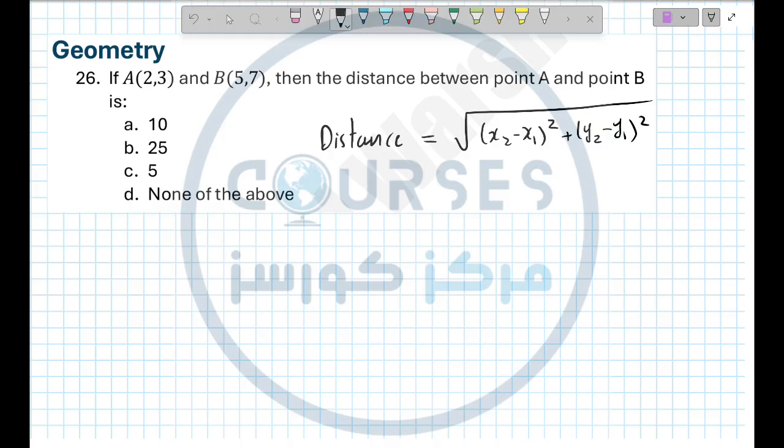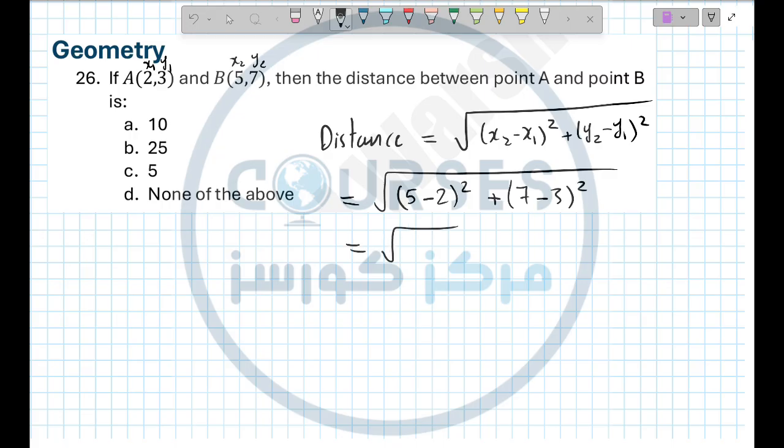Here we have the 2 points x1, y1, x2, y2. So the distance is equal to x2, which is 5, minus x1, which is 2, power 2, plus y2, which is 7, minus y1, which is 3, power 2.